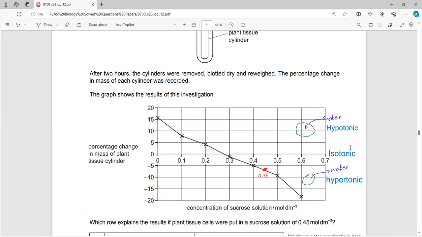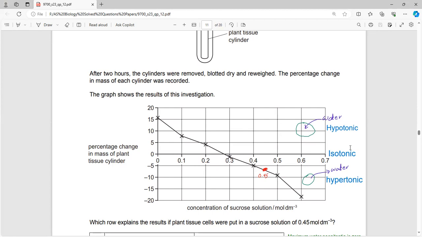The cell has high salt as compared to the outside. In this way, water always moves toward the salt, so water is moving from outside to inside. That's why the mass of these cells is greater as compared to their normal control mass. So from 0 upward, toward 20, that is our hypotonic environment.